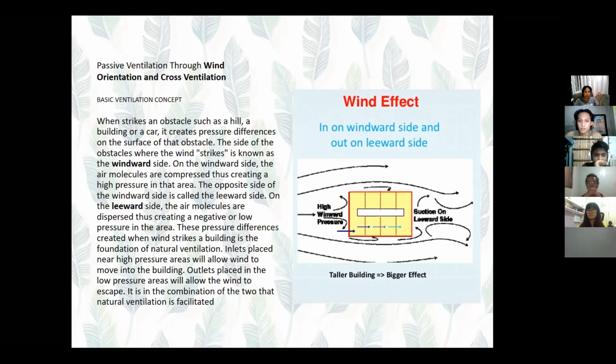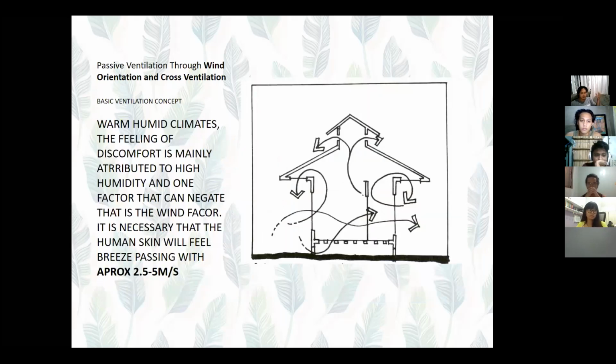Kasi if we are in a warm, humid climate, okay, di ba, ang discomfort is because of high temperature and humidity. Para ma-eliminate tong discomfort to, you need a breeze with approximately 2.5 to 5 meters per second. Thus, you need to have a wind speed sa loob ng bahay.